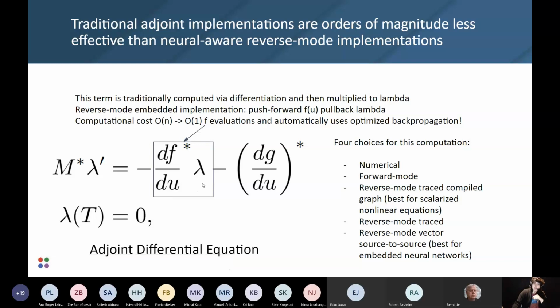It essentially gives you an O(1) form that is a lot faster than traditional numerical ways of doing this. And there's a lot of different choices for how you can do this computation that are built into the library. Please ask questions on this portion if you're interested in more about it. But essentially, it is using a reverse mode AD trick to be able to really decrease the cost of adjoints.